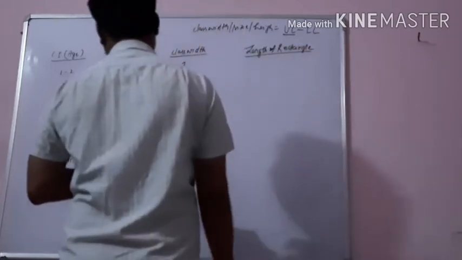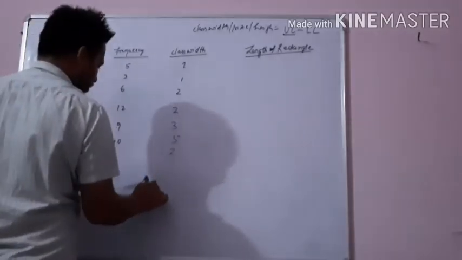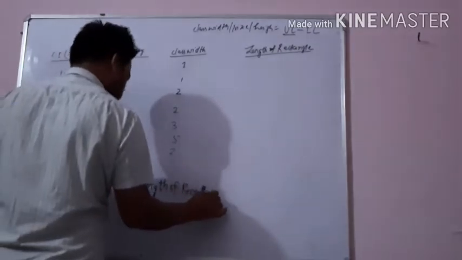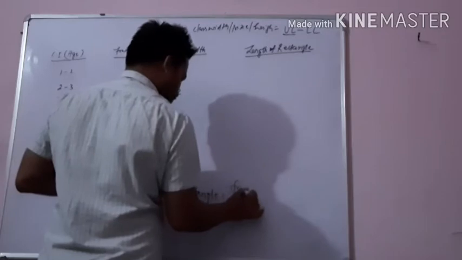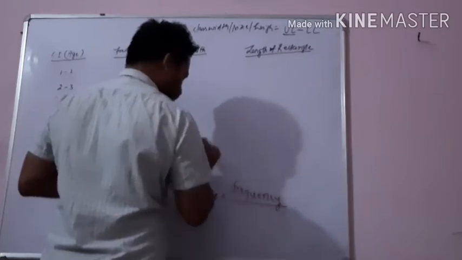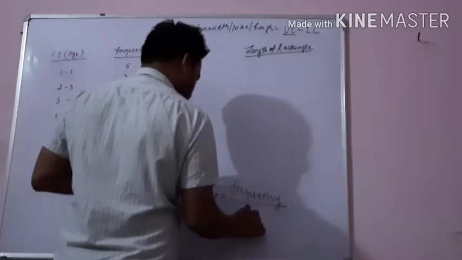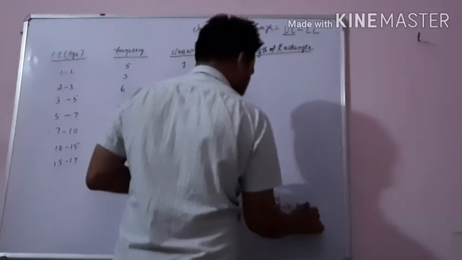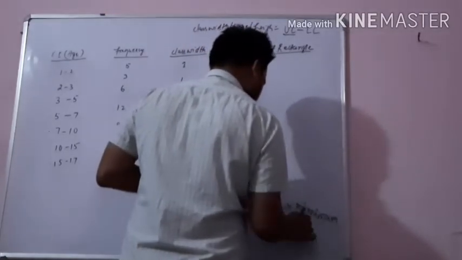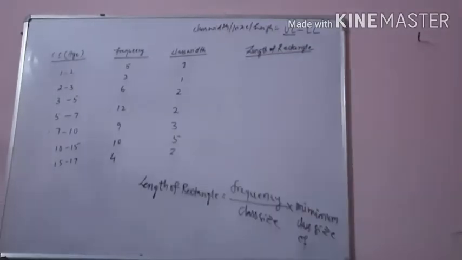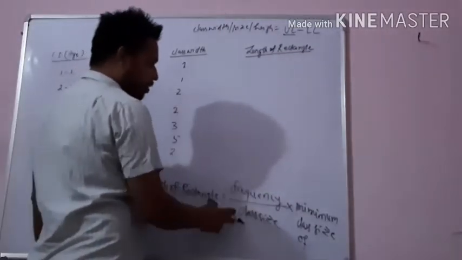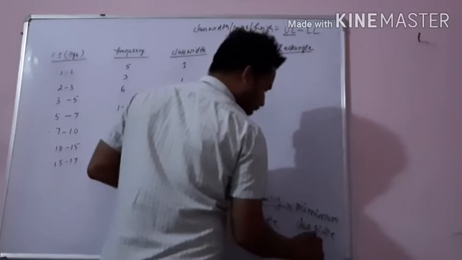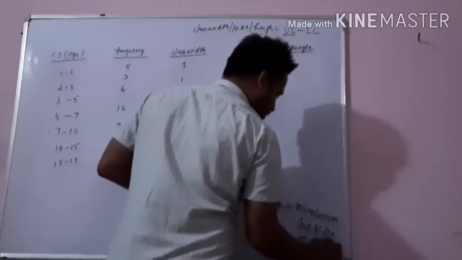What formula has been given for the length of the rectangle? The length of the rectangle will be given as frequency upon class size of that interval, multiplied by the minimum class size of the given data.